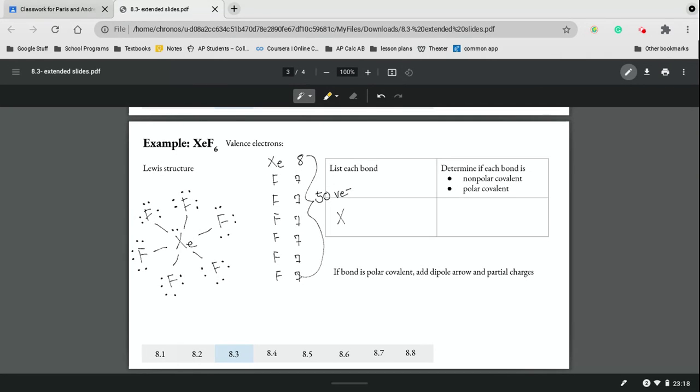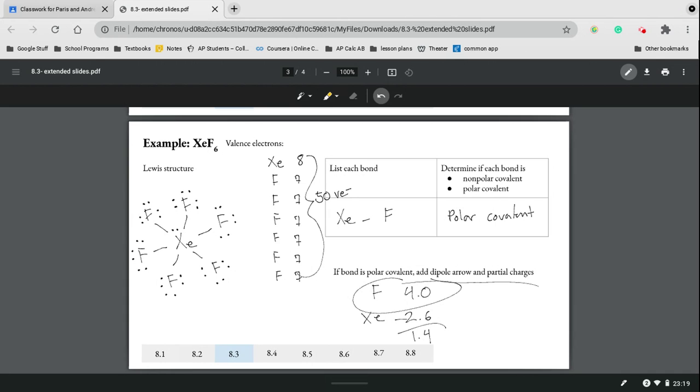The bond here is xenon to fluorine. The electronegativity of fluorine is 4.0. Xenon is 2.6. The difference is 1.4, which is polar. So we have a polar covalent bond. And so our dipole arrows and partial charges.